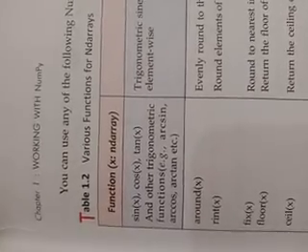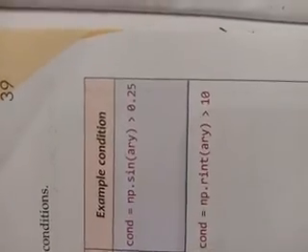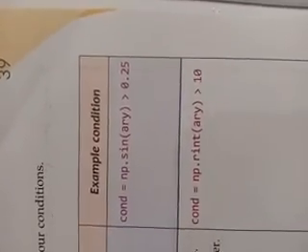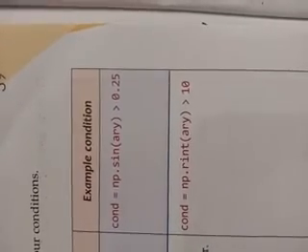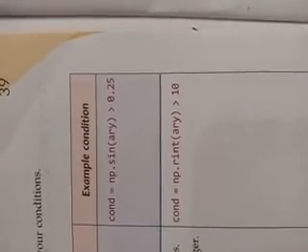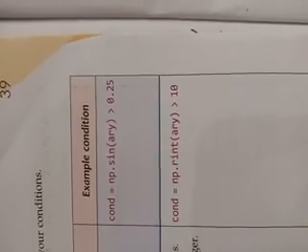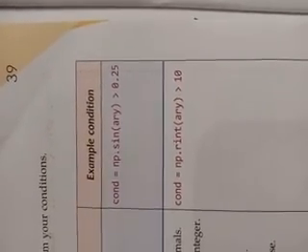So here how do you use it? Condition is equal to np.sin(array) greater than 0.25, where array means the particular array that you want to pass as an argument to sin. So all the elements of that array get passed, and the sine value of that particular element is calculated, and if that value comes greater than 0.25, then you see the True result, otherwise you see the False result.